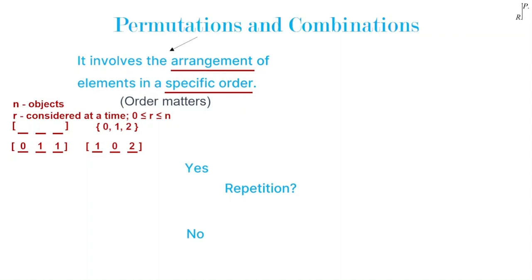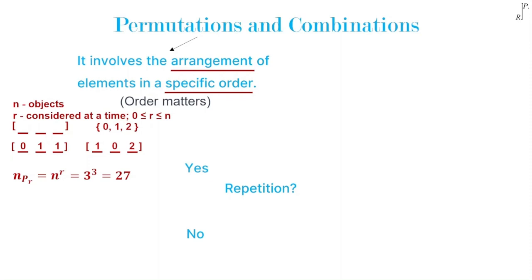In that case, the number of ways in which we can set the lock will be written as nPr, which denotes the arrangement of r out of n objects, which is equal to n to the power r. For the example which we have considered, we have 3 places where we can arrange 3 digits with repetitions. So, the total number of ways possible here will be 3 to the power 3, which is 27.